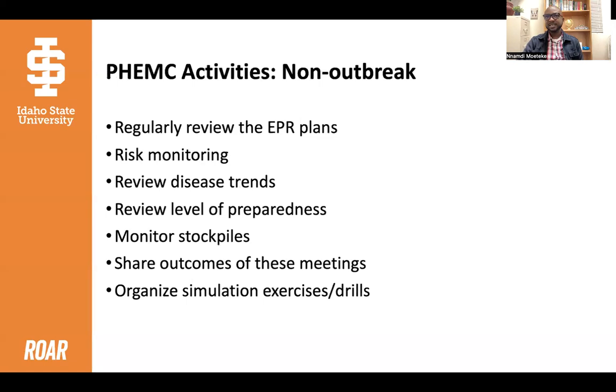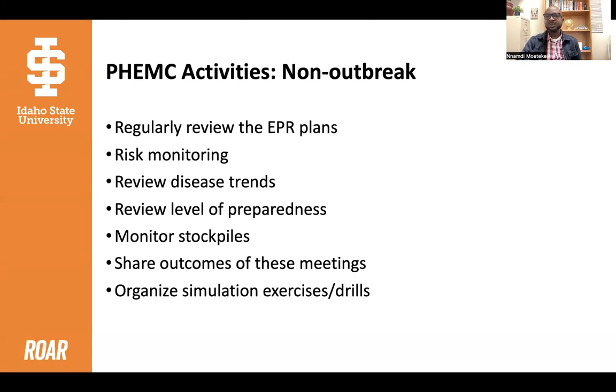So the Public Health Emergency Management Committee, we want to look at its activities before an outbreak. And so before an outbreak, this committee should meet periodically to regularly review the emergency preparedness and response plans, to exchange information on risk monitoring, and review disease trends and update preparedness steps.